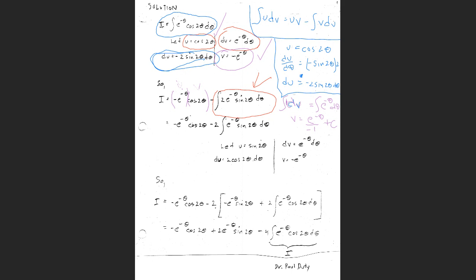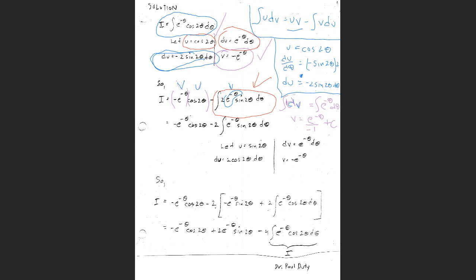Okay, so I guess I have it as v. Sorry. I have it here as v times u. Well, that's the same as u times v, minus the integral of v du. Okay, well there's v here.